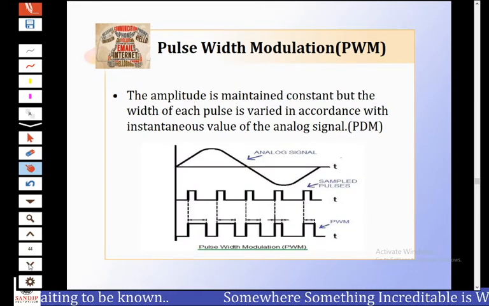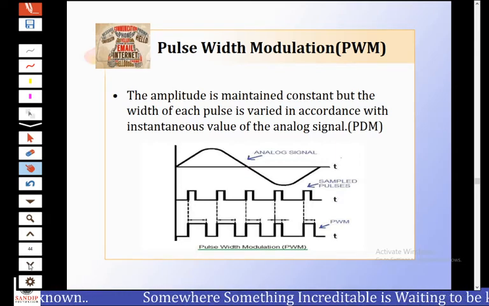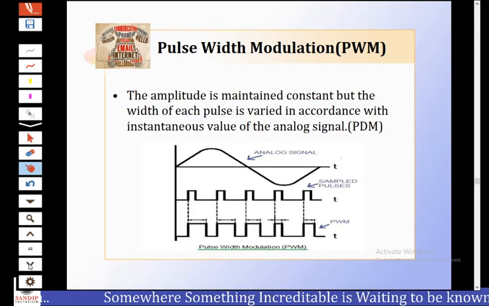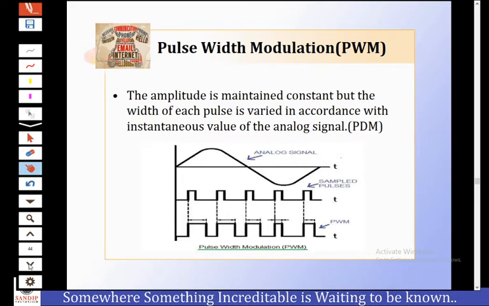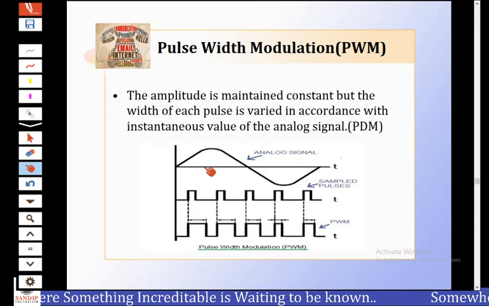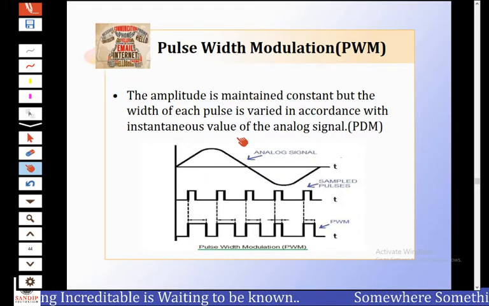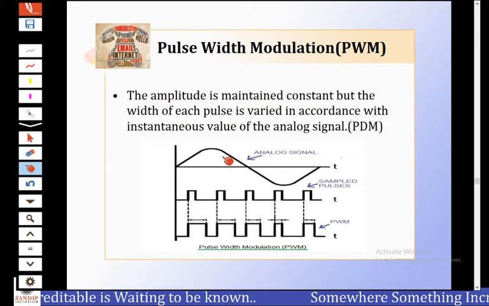Now we'll go further. The next analog modulation technique is pulse width modulation, that is PWM. Now from this diagram, the other type of pulse analog modulation is the pulse width modulation.